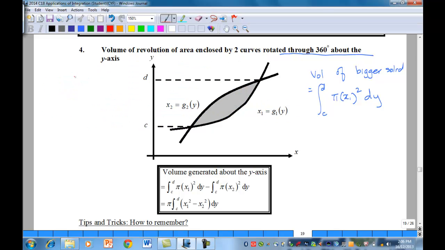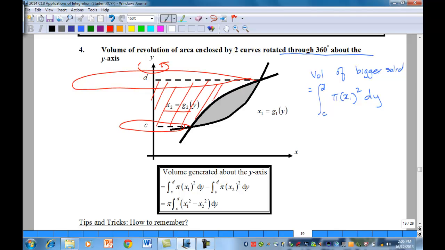When we revolve the inner curve x2 equals g2(y) about the y-axis, we will end up with a volume like this. So what I mean is, if I revolve this red shaded region about the y-axis, it will generate this solid. How do we get the volume of this solid that I have outlined in red?